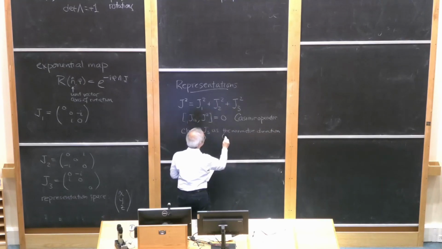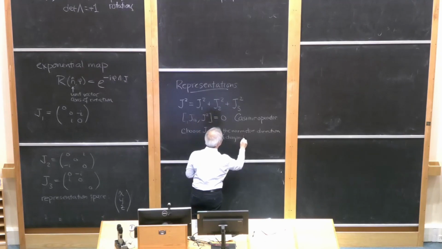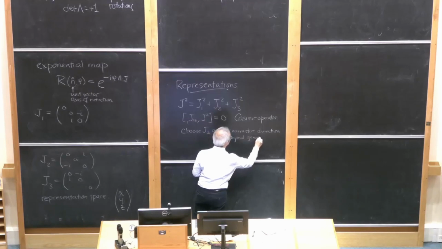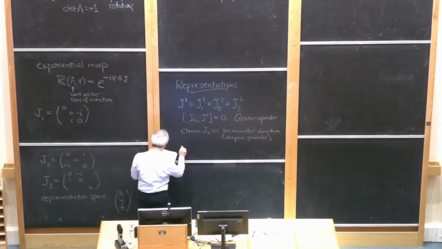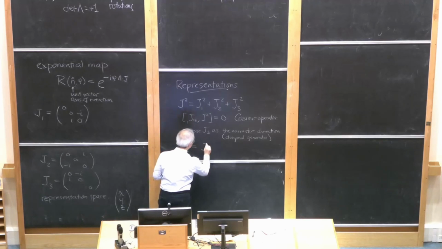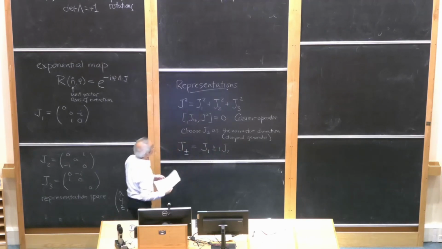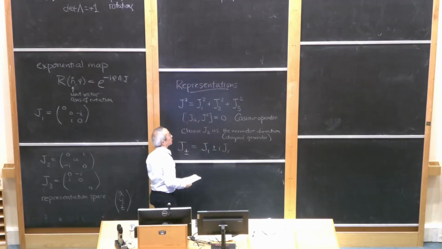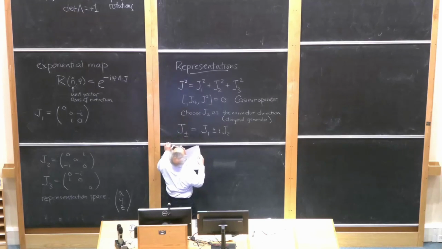This is the one with the diagonal generator. And from there we use the other ones to write down our raising and lowering operators, J1 plus or minus i J2. This enables us then to write down what the various generators will be.